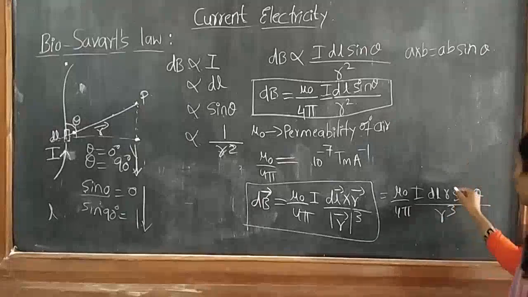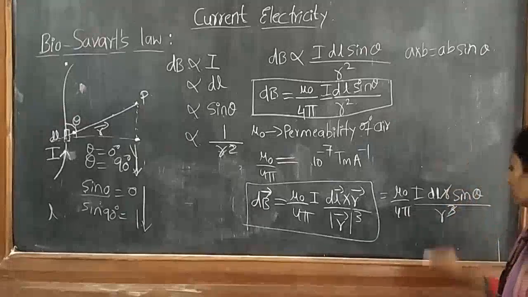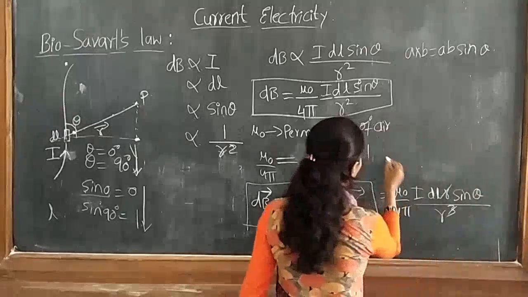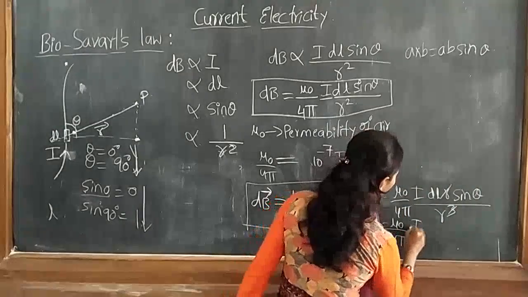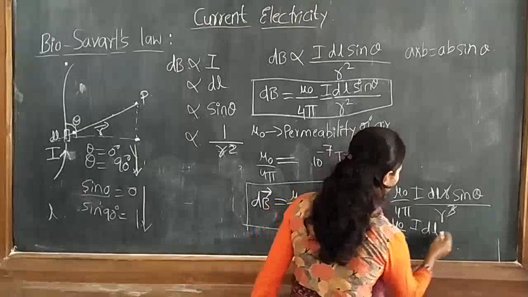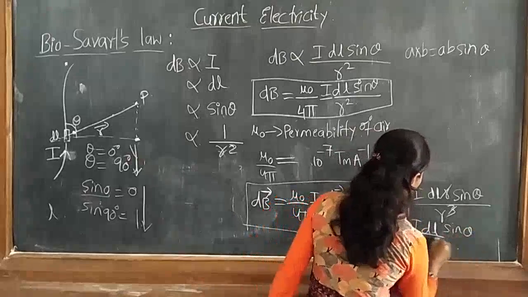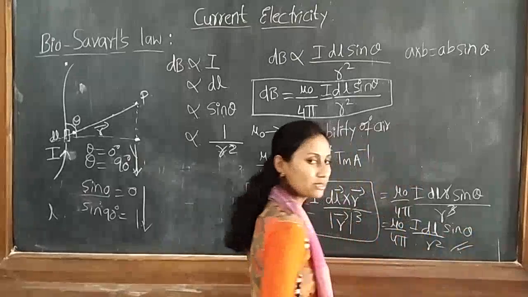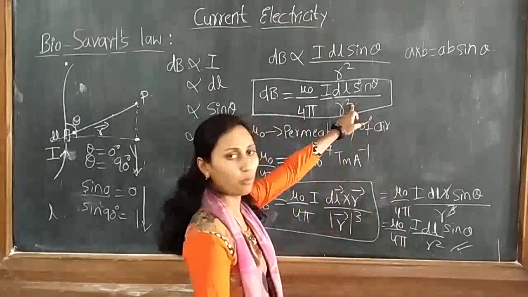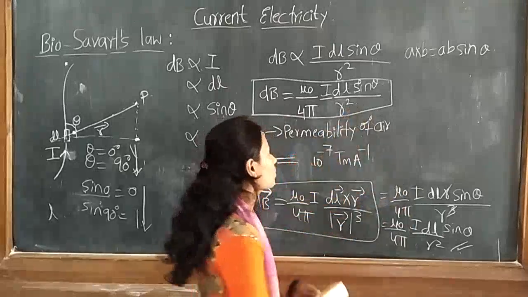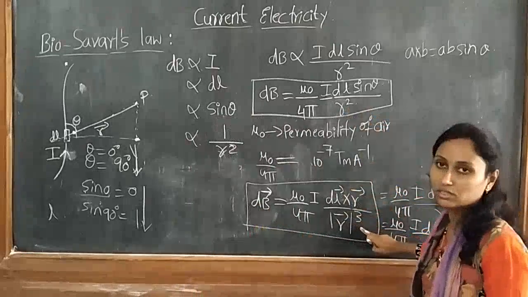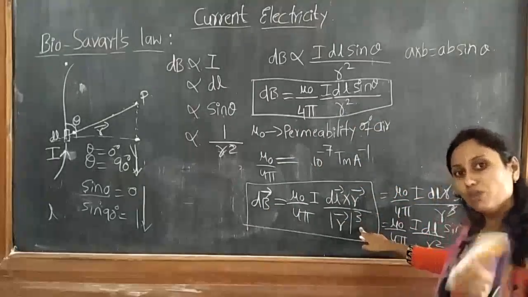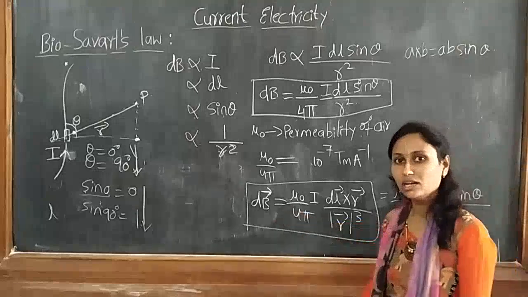Now one r gets cancelled. So what value do we get? Mu naught by 4 pi into I dl sin theta divided by r square. Are you getting this point? It is nothing but the same result we got already, isn't it? So that's why this will give only the magnitude, and this is giving the vector form, which means we are writing the equation with the direction.